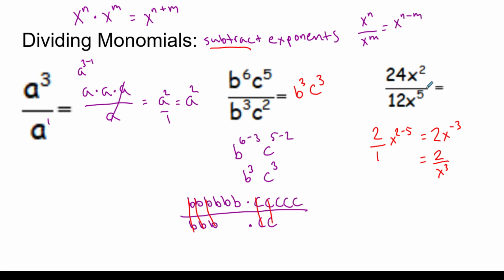The other way we could think about this is, I'm going to deal with the 24 over 12. I know that leaves me with a 2 on top. I can just think to myself, what side of this fraction has the bigger exponent? Well, the bigger exponent is on the bottom, right? Because the bigger exponent is on the bottom, that means that the x is going to stay on the bottom when I divide.